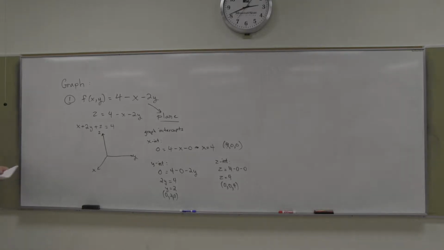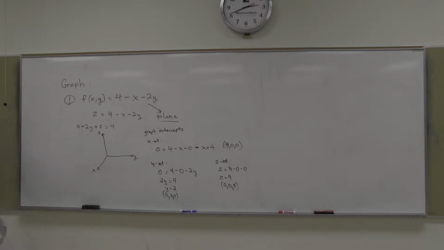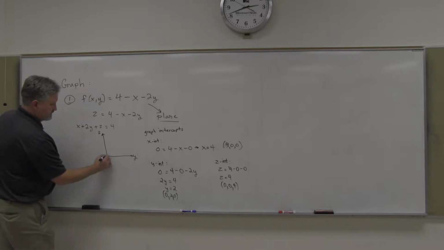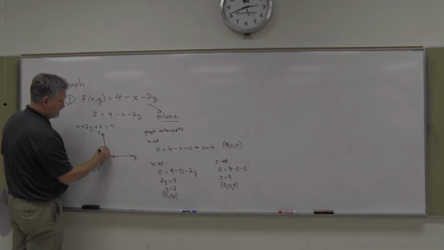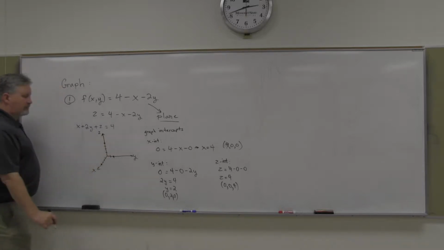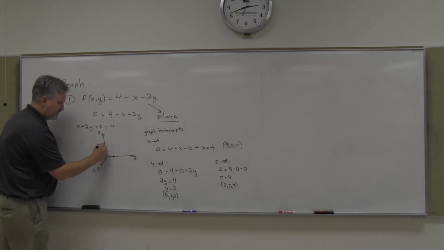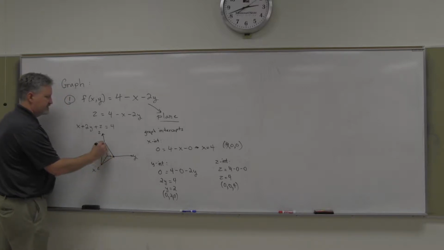All right, so those are fairly nice. If we put those on the x, y, z coordinate system, in 3 dimensions, so 1, 2, 3, 4 along the x-axis for (4, 0, 0), (0, 2, 0) on the y-axis, and (0, 0, 4) on the z-axis, and connect those, this isn't the whole graph, but it gives you a little perspective.